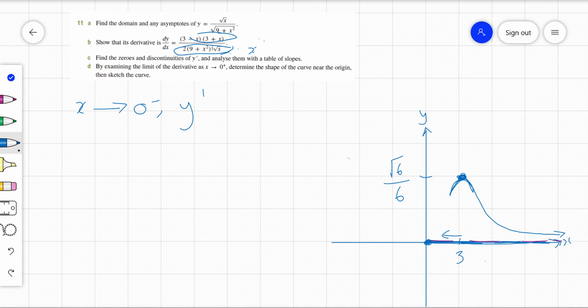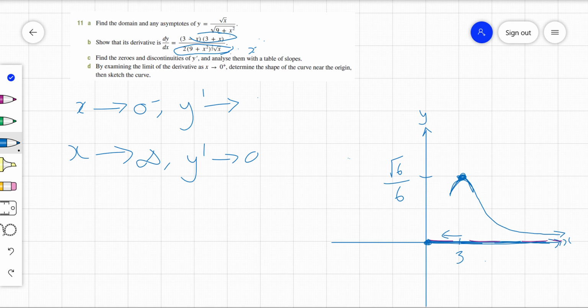So the bottom's going to win. As it's winning, it's growing faster. So as x goes towards infinity, our y dash is going to go towards 0.